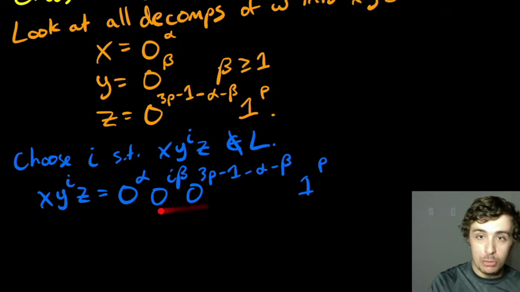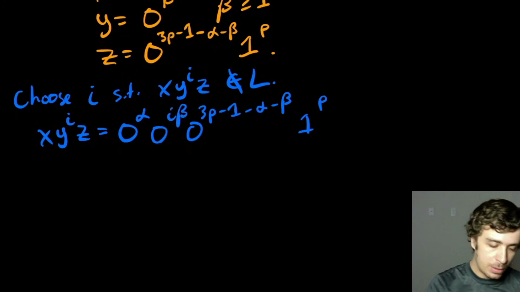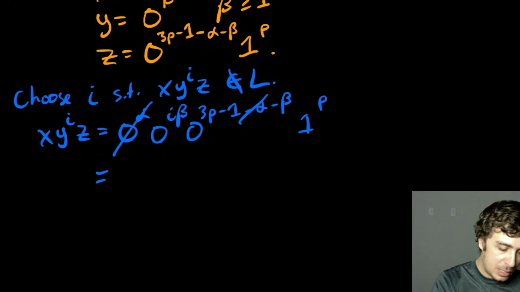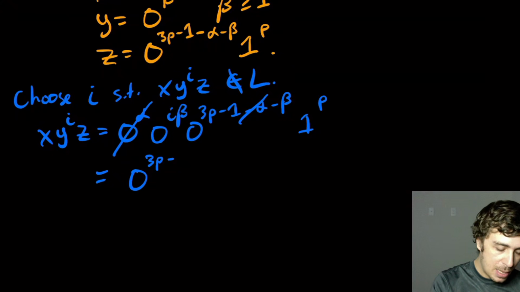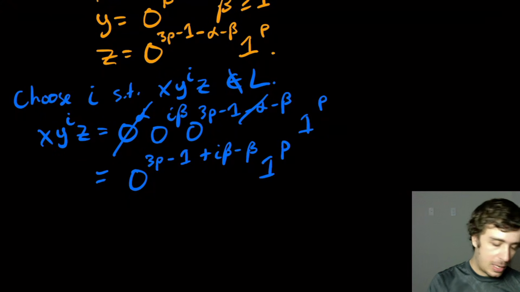So we have a run of zeros here, so I can just collapse the exponents down. The alphas are going to get killed off, plus alpha minus alpha. So here we're going to have 0 to the 3p minus 1 plus I beta minus beta, and all of the ones are still there.